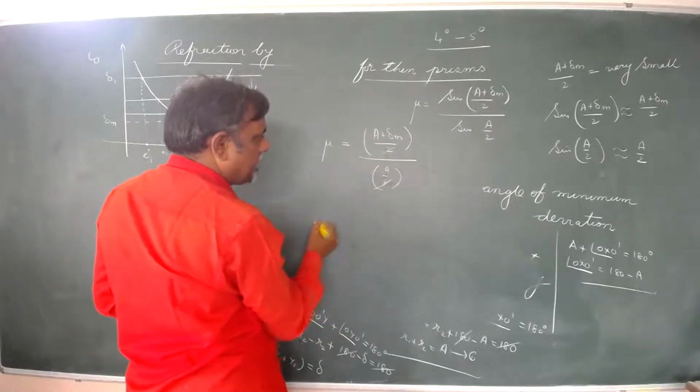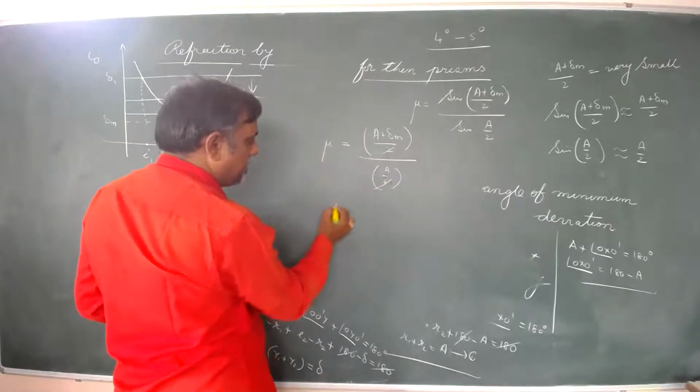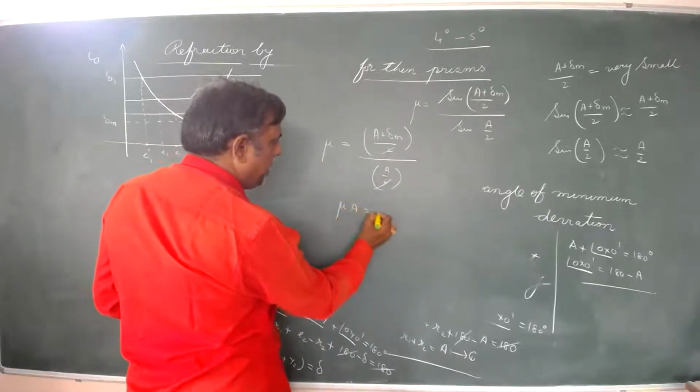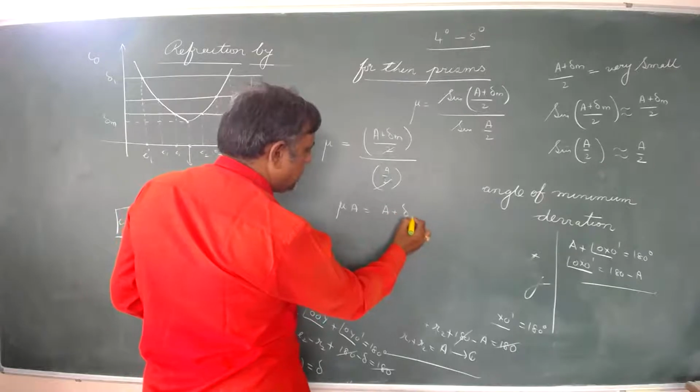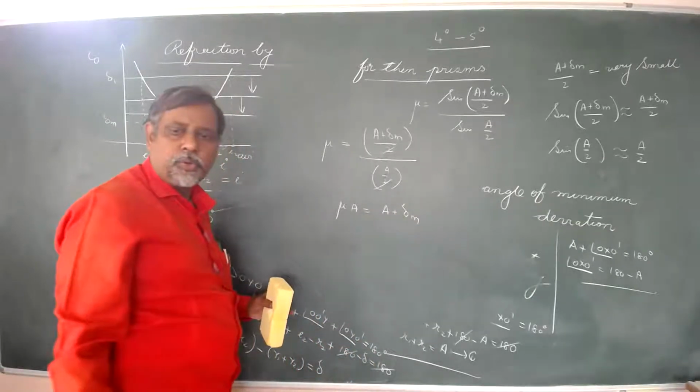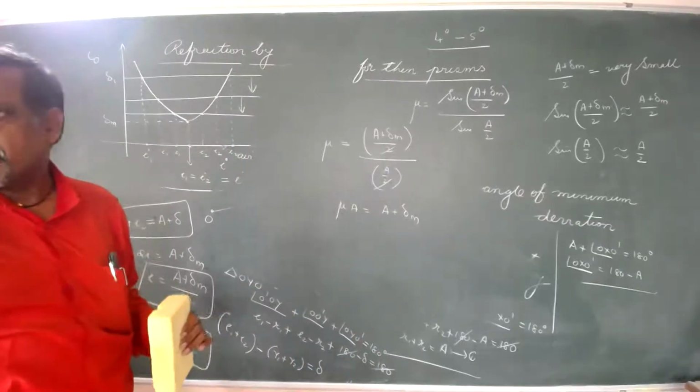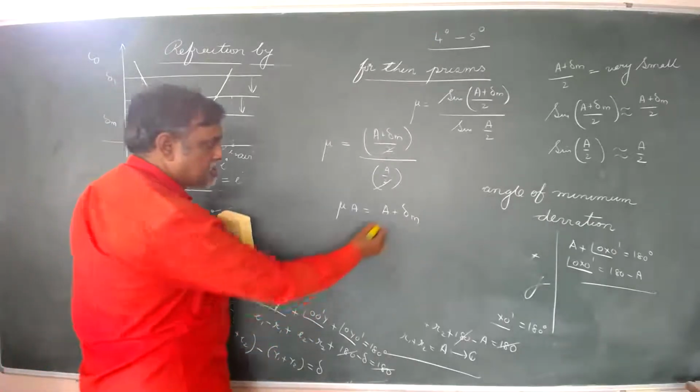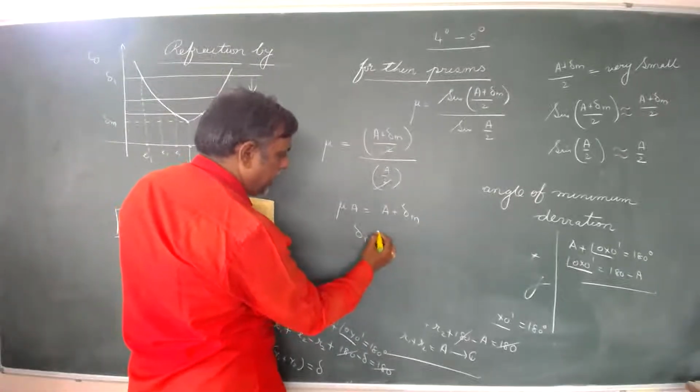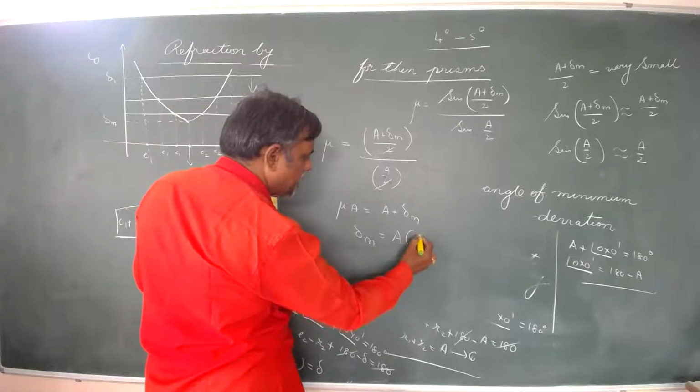If you go for cancellations, this becomes mu A is equal to A plus delta m. Therefore delta m in this particular case is equal to A into (mu minus 1).